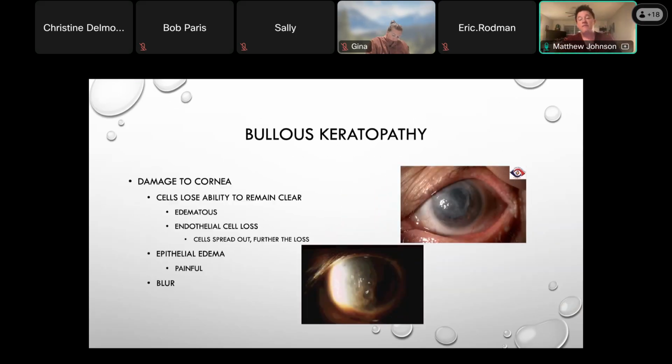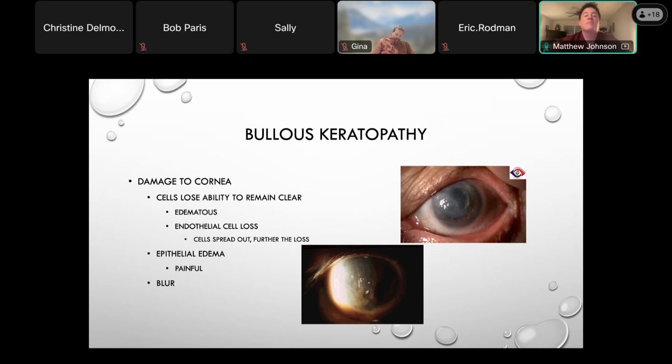So next up, we have bullous keratopathy. This is different than band keratopathy. Band keratopathy really is not that painful, where bullous is. That's the big deal here. So there's some type of damage to the cornea, and generally this happens from some type of internal surgery.